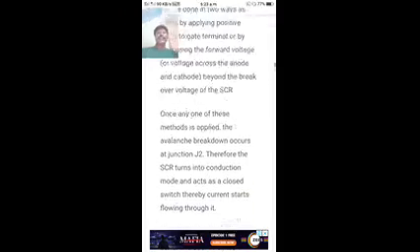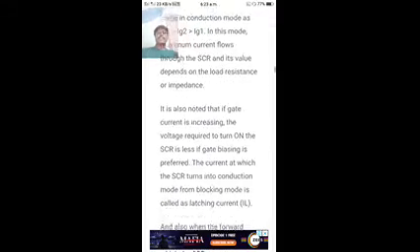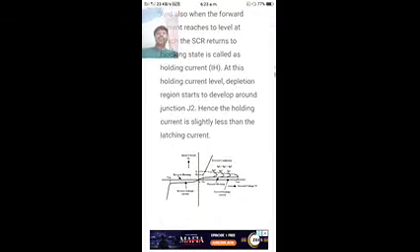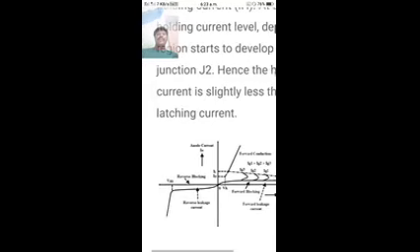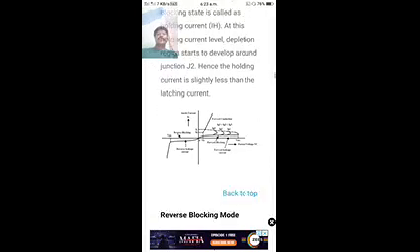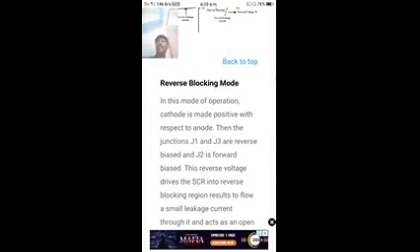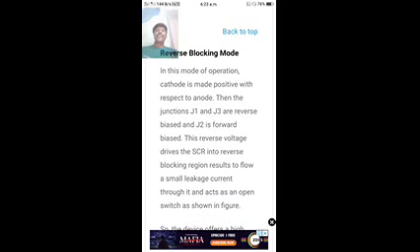We are studying the VI characteristics for SCR, and the next mode of operation is the reverse blocking. In this mode of operation, the cathode is made positive with respect to anode.